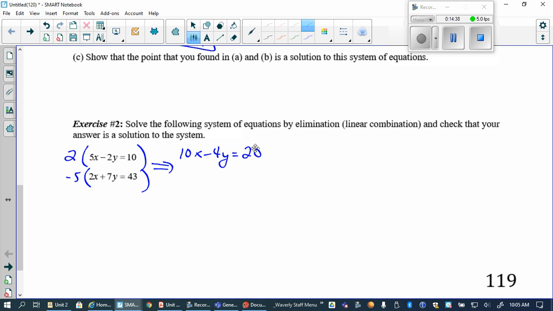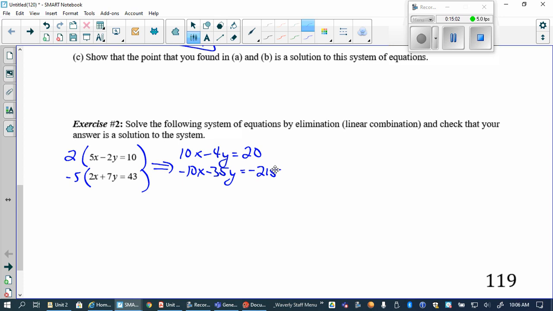Maybe some of you are forgetting to multiply this part as well, the 43. So then we get negative 10x minus 35y equals negative 215.